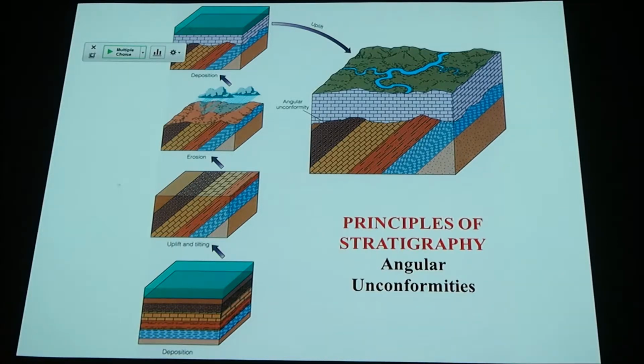Then this whole area had to be uplifted and tilted. So there's probably a big mountain event going on nearby. And then I had to have some erosion that planed everything off. And then things had to change back to a basin setting where I could have more deposition again. So it implies that you've got some uplift and then some subsidence in this process of creating this unconformity. So today, there's my angular unconformity.